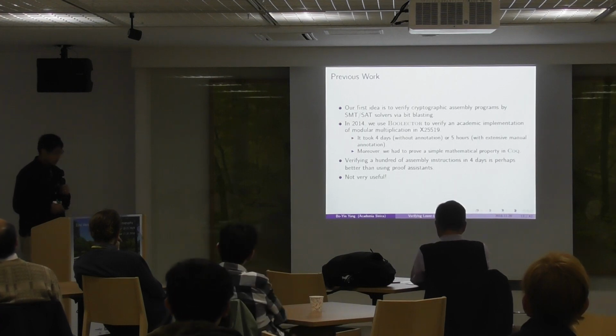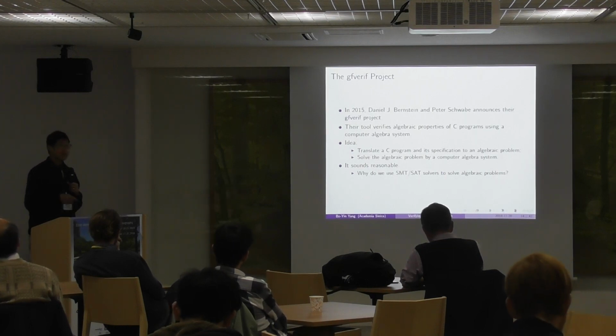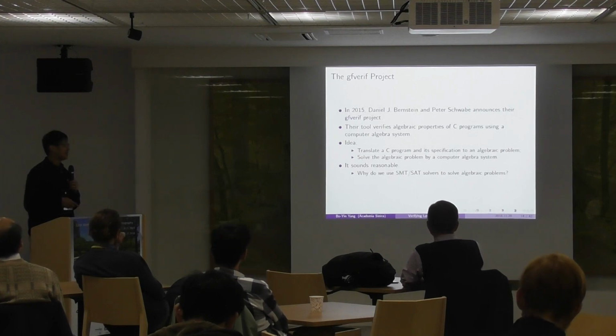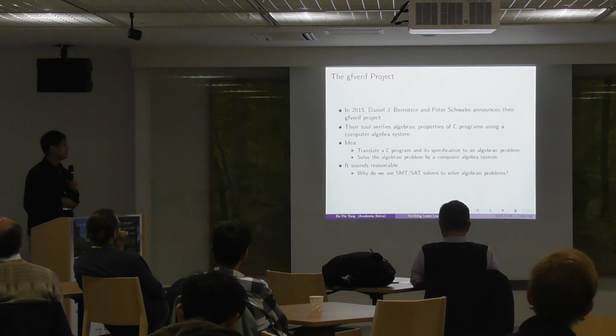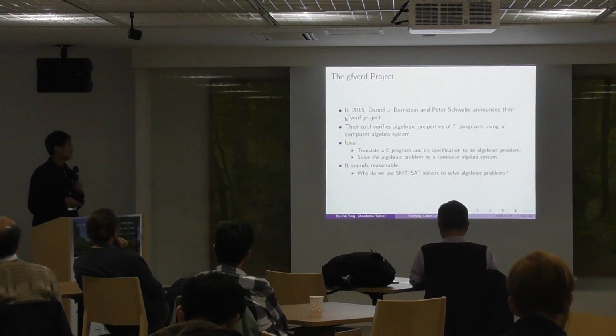So the next year, we see the GF-Berry project by Dan Bernstein and Peter Schwabe. The tool verifies algebraic properties using a computer algebra system, and they use a specific range checker for range properties.